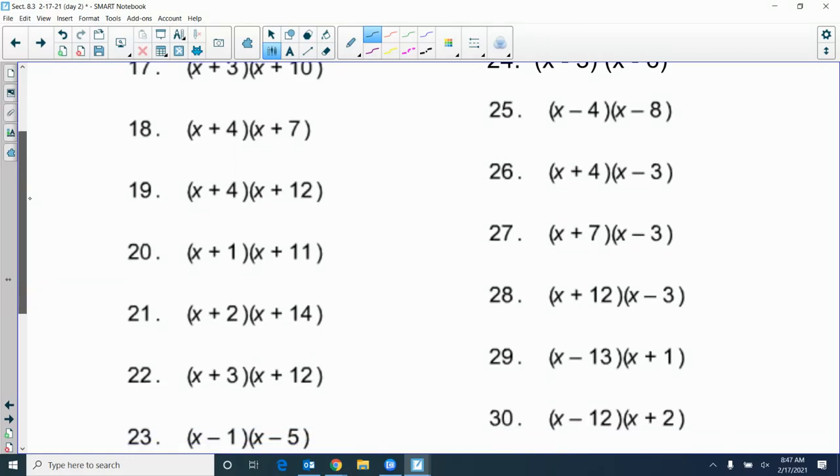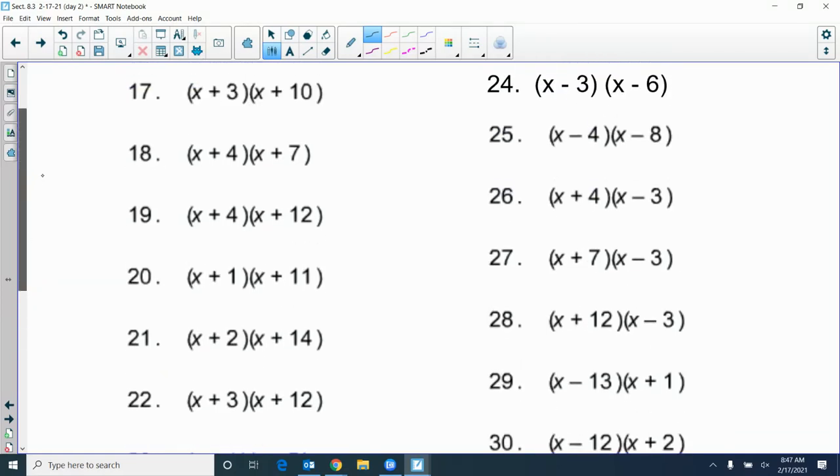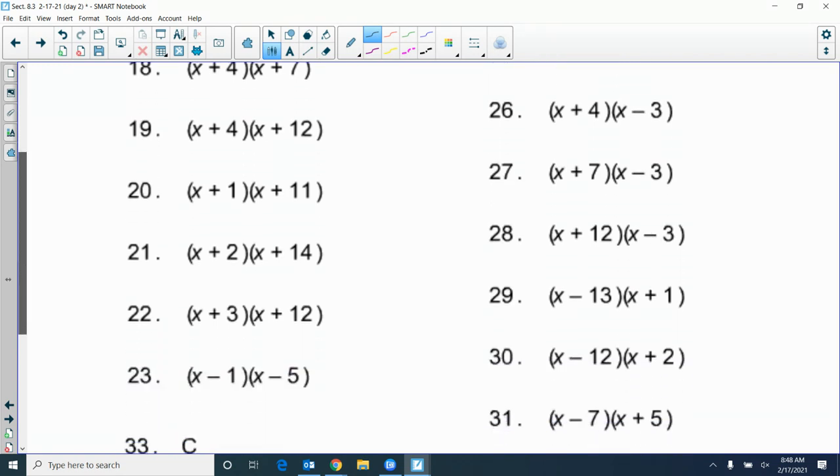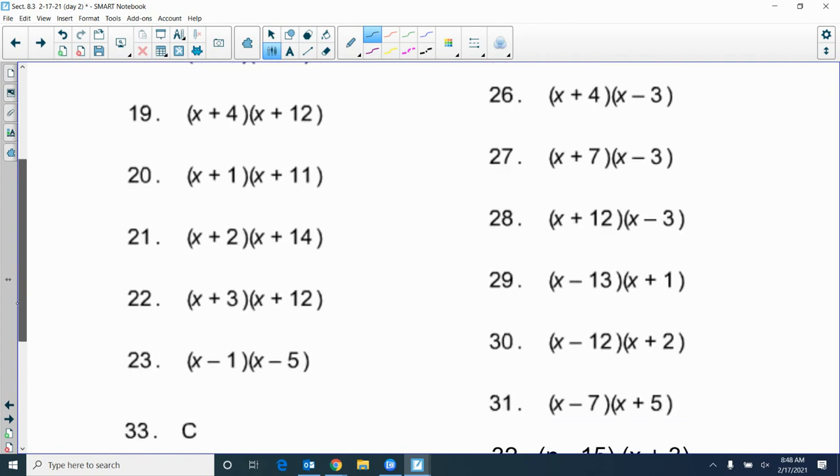All right, here's your second set. 24 should be x minus 3, x minus 6. 25 is x minus 4 times x minus 8. 26, x plus 4, x minus 3. 27, x plus 7 times x minus 3. 28 is x plus 12 times x minus 3. 29, x minus 13, x plus 1. 30, x minus 12, x plus 2. 31 is x minus 7 times x plus 5.